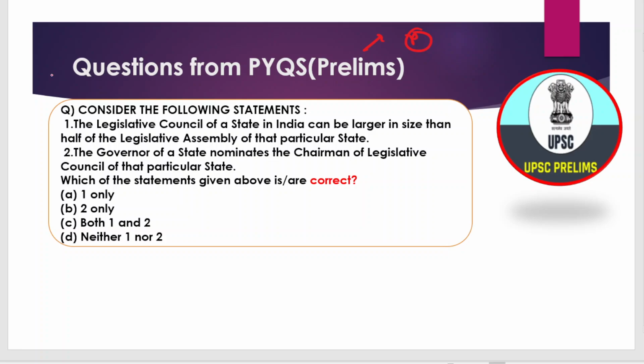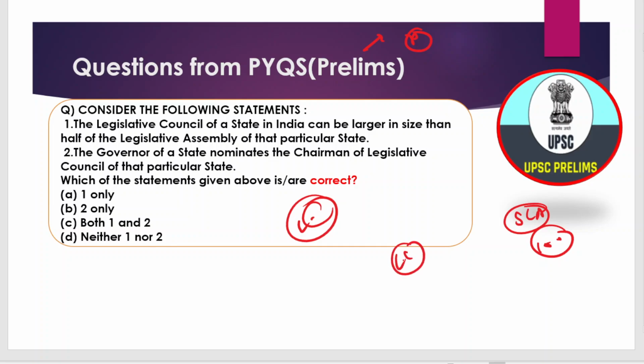So the question is about the legislative council, and the first statement is saying that, let's say a state legislative assembly has 100 seats, and that state does have a legislative council.